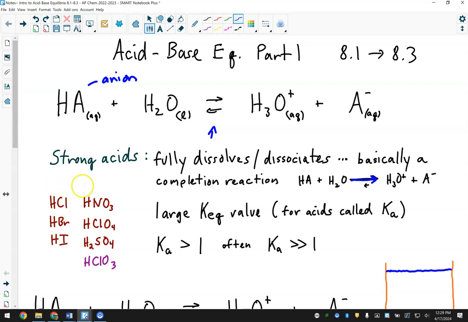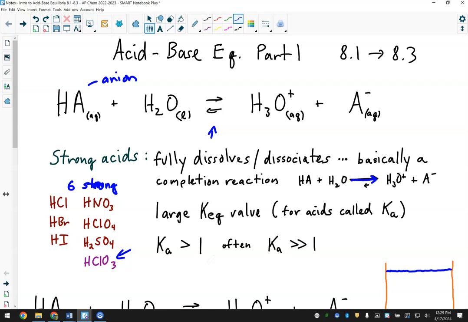Remember, somewhere on a handout I gave you in Unit 4, we said that there were 6 strong acids, and you need to remember which ones are strong. Oops, I spelled that wrong. The 6 strong acids are HCl, HBr, HI, HNO3, HClO4, and H2SO4. There's a 7th acid that has a Ka a little over 1, so it does have a K greater than 1, but it's not as huge as the Kas for the other ones.